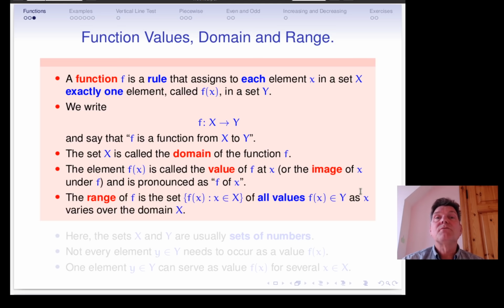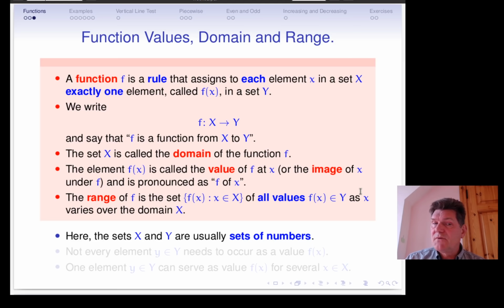The range of the function f is the set of all these elements f of x, all the values f of x which lie in the Y set that do occur as x varies over the domain. In the calculus, both X and Y are usually sets of numbers.